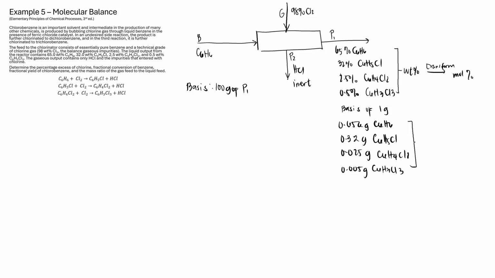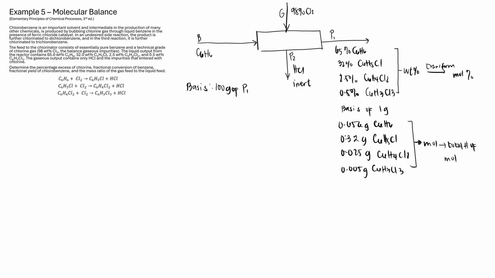You convert these into moles, right? You get the total number of moles, and then to get the mole fraction, you just divide the number of moles over the total number of moles.